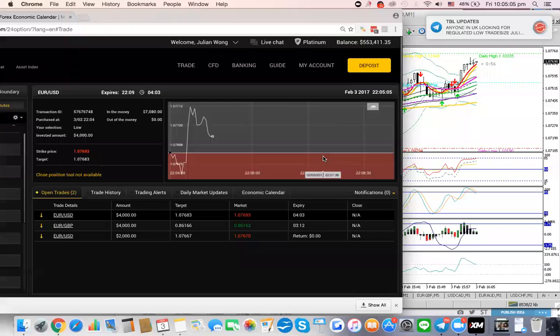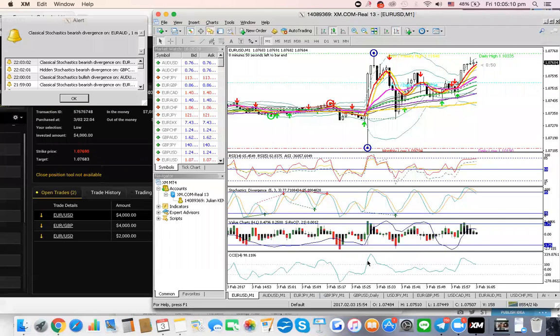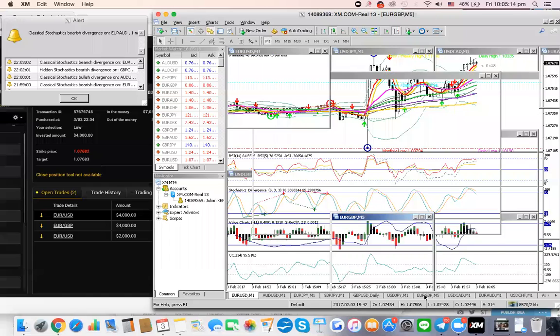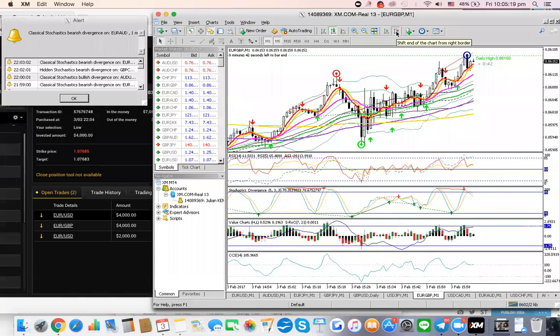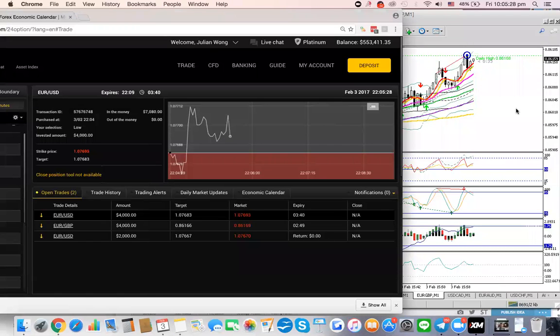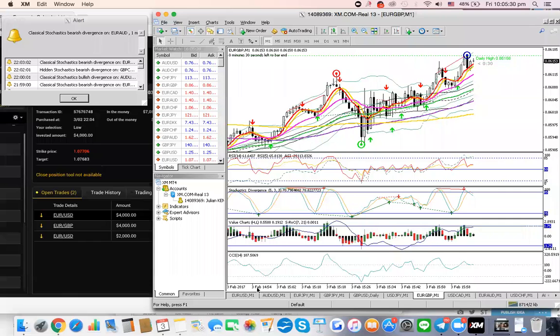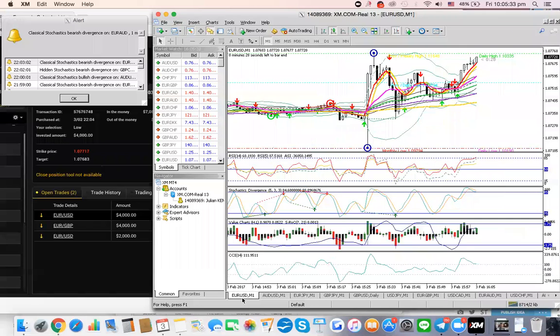It spiked down before long. Same action on both.